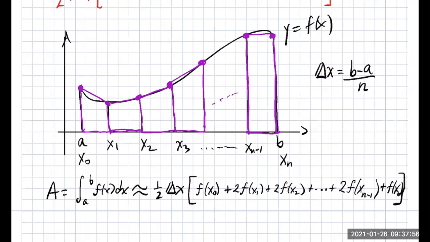Notice, getting the pattern of twos. The pattern of twos does not extend to the first and the last term, so just be aware of that. And once again, the whole thing is typically a calculator problem. You know, spreadsheets work especially well for these kind of numerical techniques.